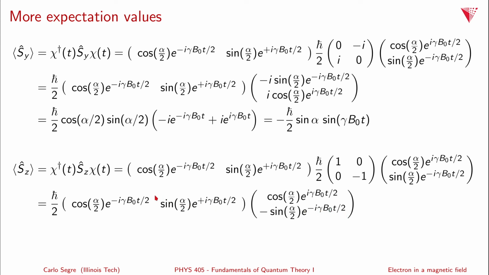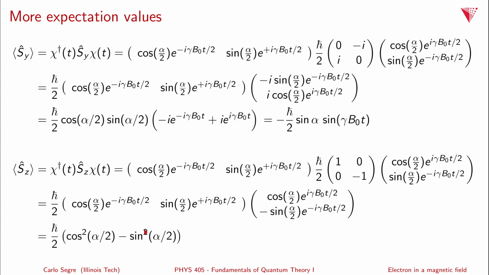Now when we multiply these, the complex exponential terms cancel to 1, and we have cosine alpha over 2 squared plus minus sine squared of alpha over 2.